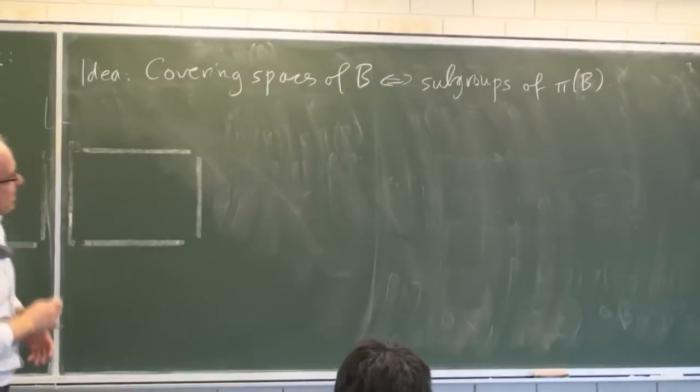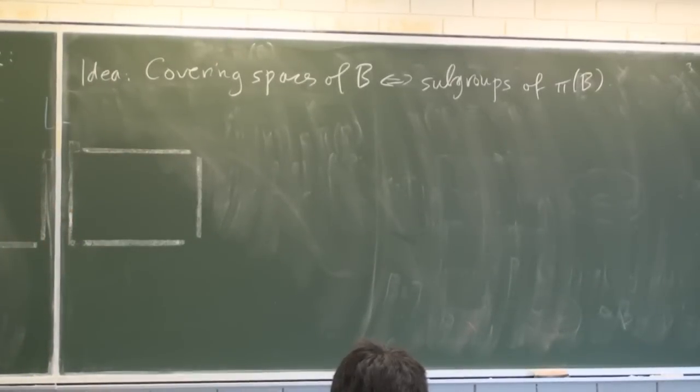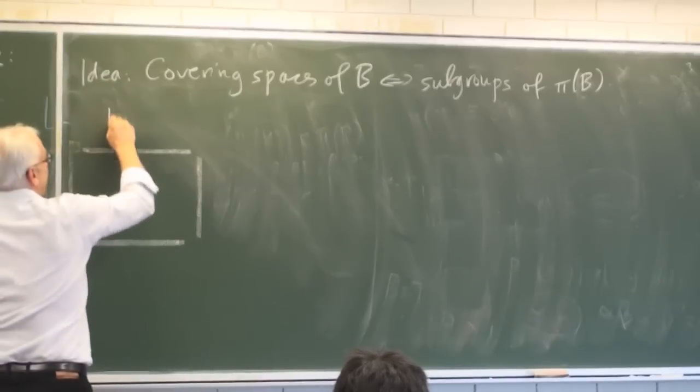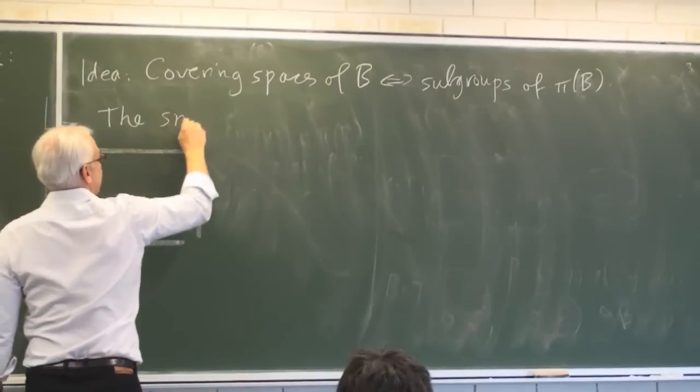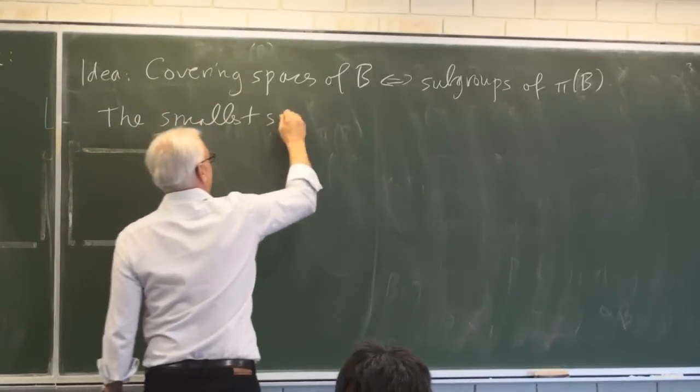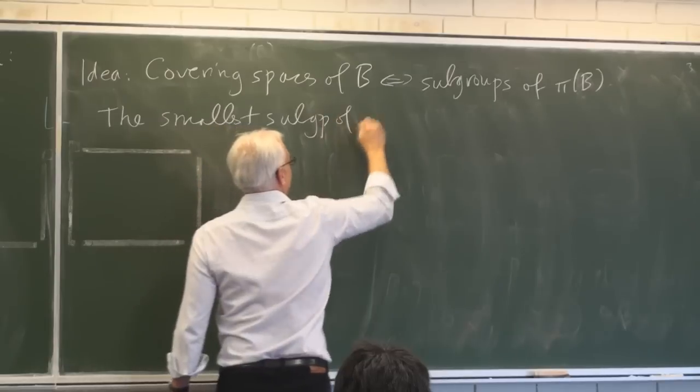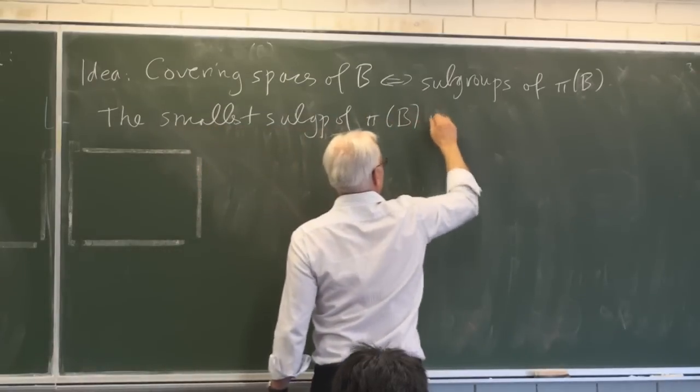And to make this more clear, what we're going to do is identify the covering space which is associated to the smallest subgroup. The smallest subgroup of pi of b is just the identity.